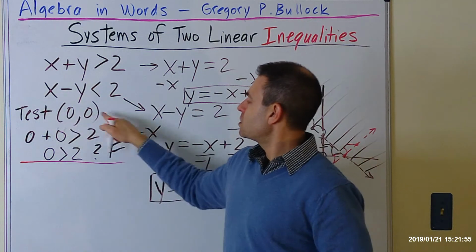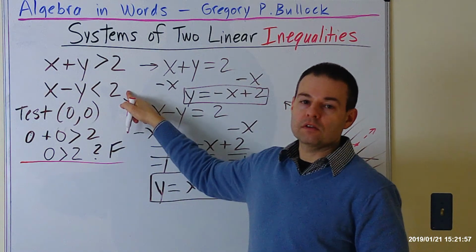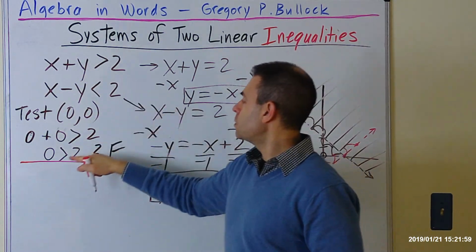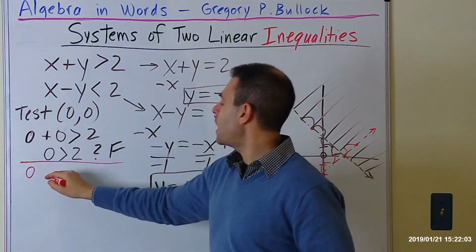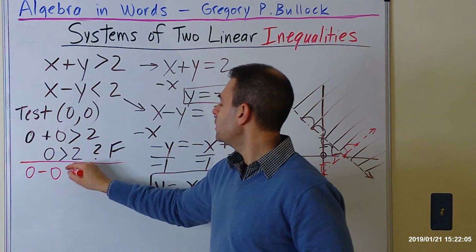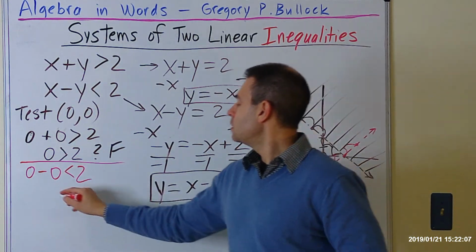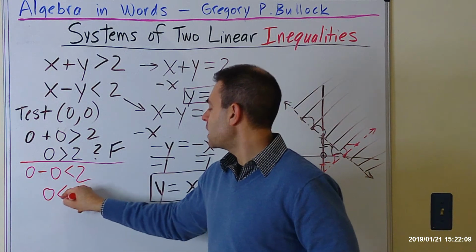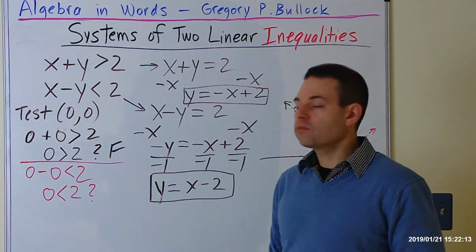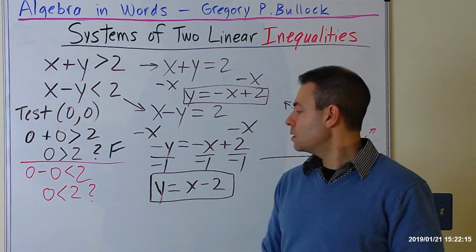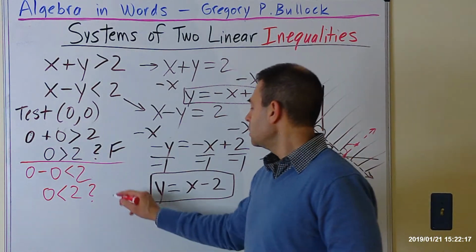And again, we're using the same test point, but now for this inequality. So again, 0 goes in for this x, 0 goes in for this y, minus 0 is less than 2. 0 is less than 2. That's what we get. And let's read it and ask ourselves if it's true. Is 0 less than 2? Yes, it is.